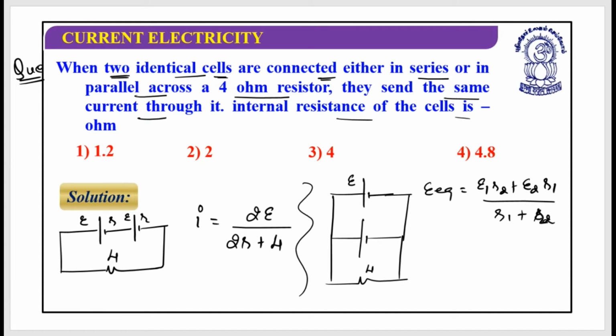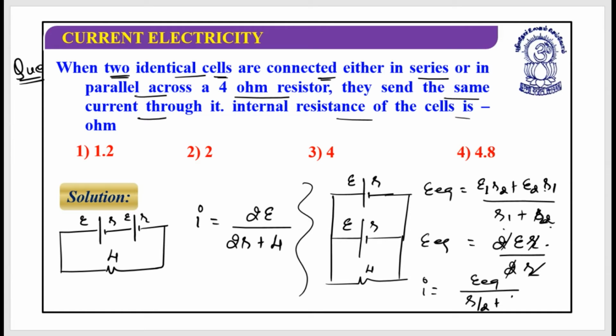This is E and R, E and R. So this equals ER plus ER, which is 2ER divided by R1 plus R2, which is 2R. This is E equivalent, and this equals E only. Now I equals E equivalent divided by R equivalent, which is R by 2 plus 4, and this E equivalent is E itself. So I equals E divided by R by 2 plus 4.